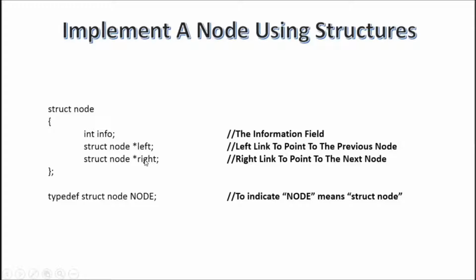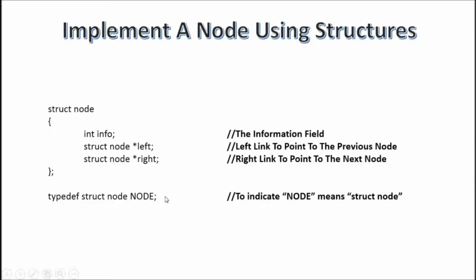The pointers are of the type struct node as well, because they'll point to the next or the previous node, and those nodes are of the type struct node too. That is why the left and right pointers are of the struct node type itself.